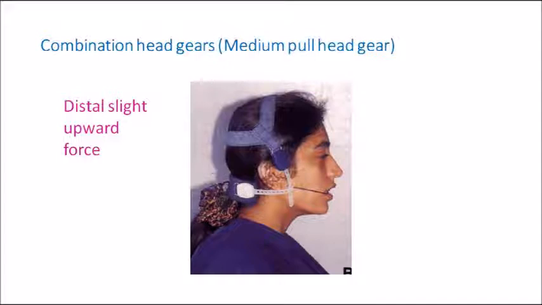That is the combination headgear, or medium pull headgear, which combines the anchorage derived from the cervical region as well as the occipital region. The advantage of this combination headgear is that it tends to produce a distal and slightly upward force.